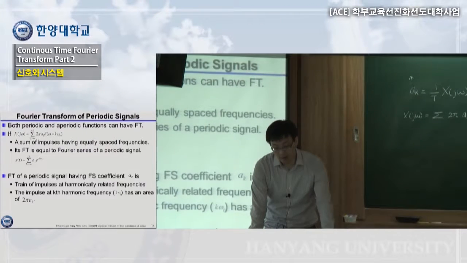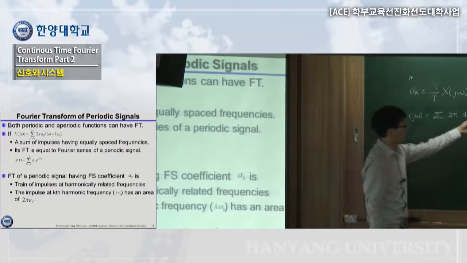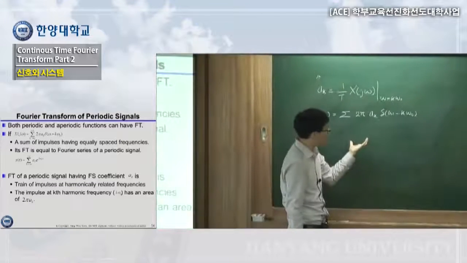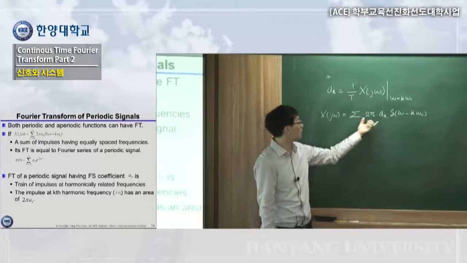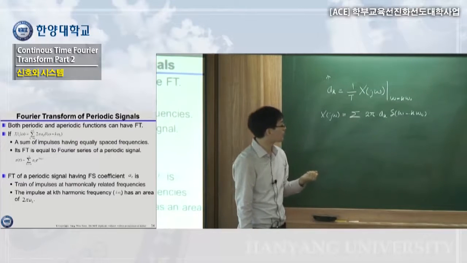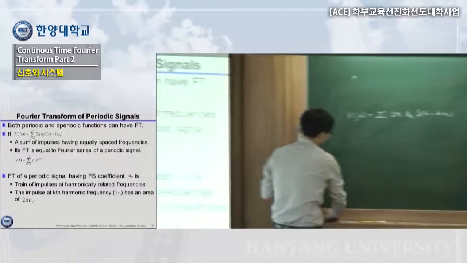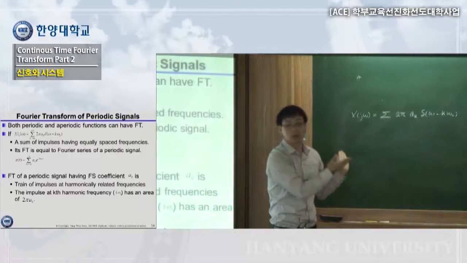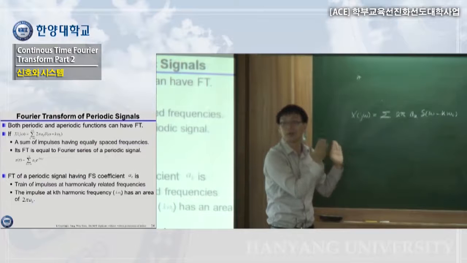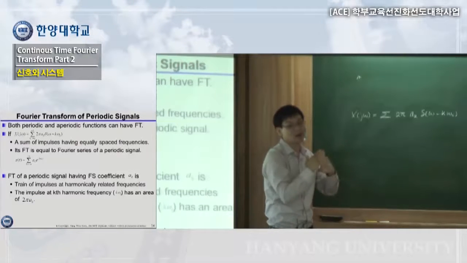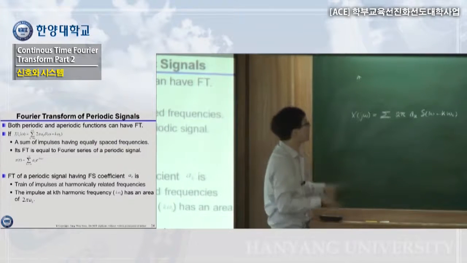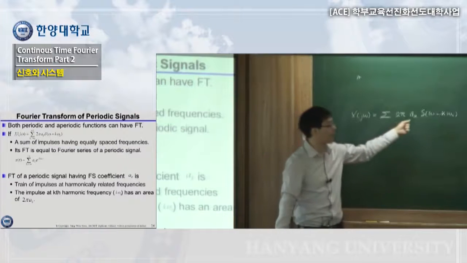The impulse at the kth harmonic frequency, omega equals k omega 0, will be 2 pi AK. So first of all, this is still only valid for periodic signals. It's not valid for non-periodic signals.